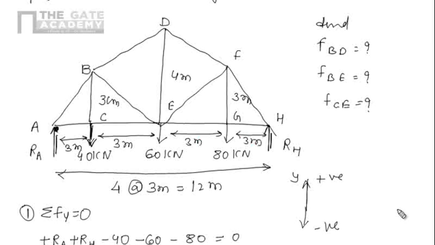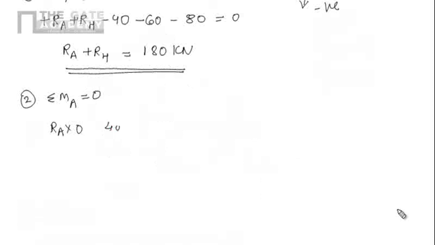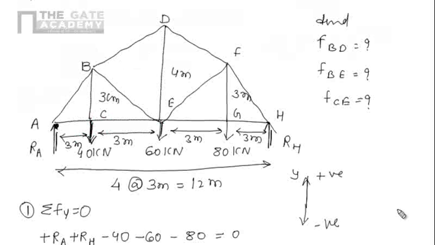Now if we take the moment due to this 40 kilonewton, we have to multiply it with this 3. So moment due to 40 kilonewton at A will be 40 into 3, and the direction of moment is clockwise. Our convention is clockwise is positive and anti-clockwise is negative. So we are having 40 into 3, it is positive. Similarly, due to this 60 kilonewton, we are having 3 plus 3, 6.